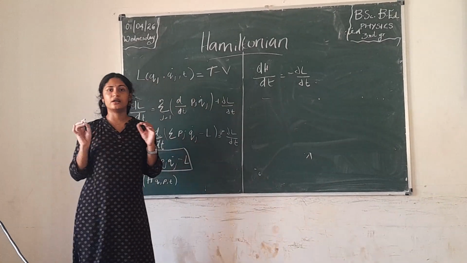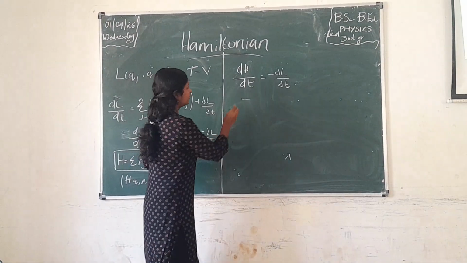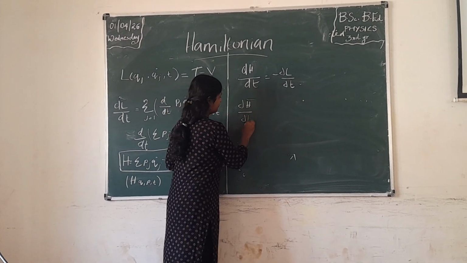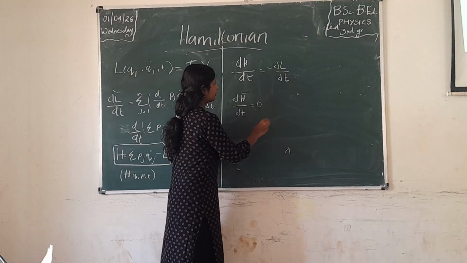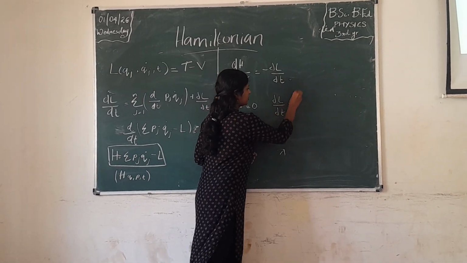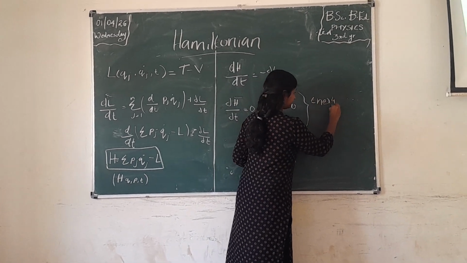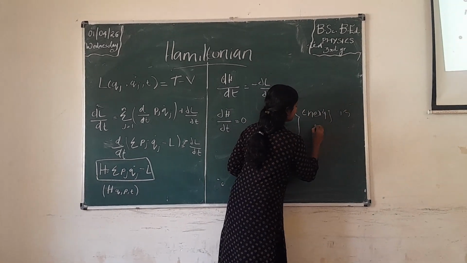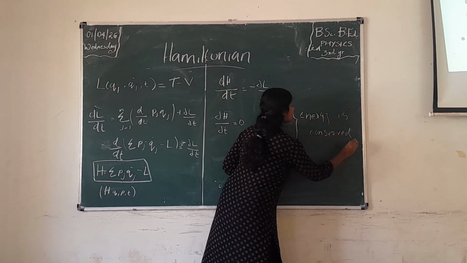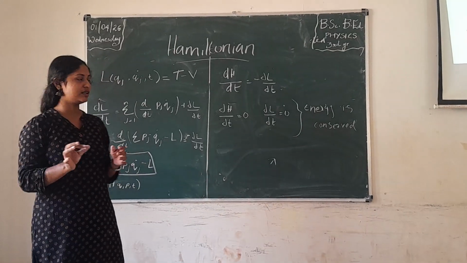So if the Lagrangian does not depend on time explicitly, dH by dt also becomes 0 and dou L by dou t also becomes 0. This means the energy is conserved. So we can say that in Hamiltonian mechanics the total energy is conserved.